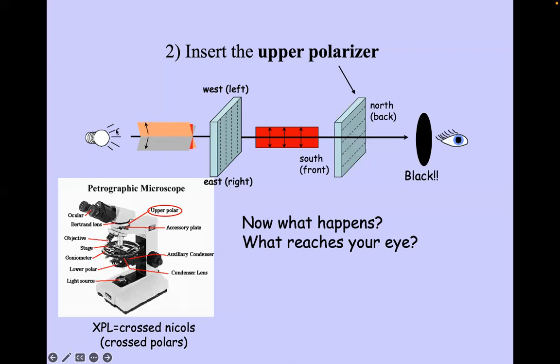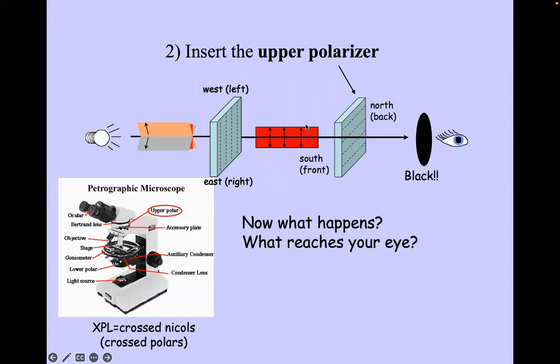From the first source, the light is coming from everywhere, vibrating in all directions, but it is filtered out by the first polarizer. Only east-west vibrating light can pass through, because the first polarizer has the east-west vibration direction. But now it enters another polarizer which has vibration direction north-south, and the light coming through is vibrating east-west, so it can't penetrate. So what happens to your eye? There will be no light, right?